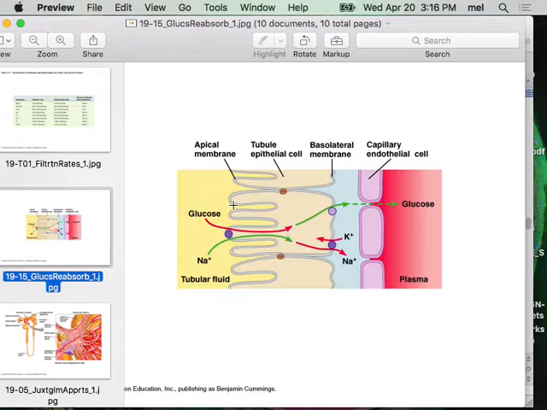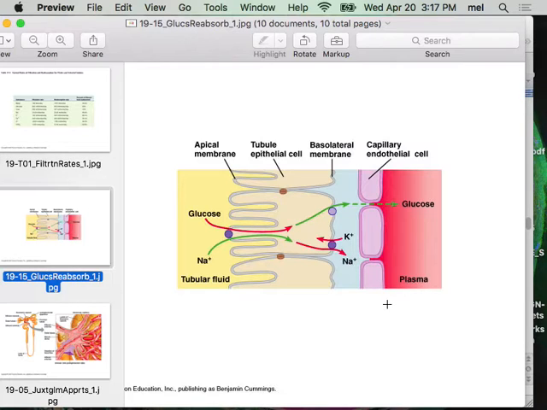So I pushed it out via filtration, and now I need to bring it back. And I'm going to bring it back despite how much is in the bloodstream. Even if I had glucose in the bloodstream, I still want glucose because glucose is like money. So you want glucose back in, and you don't care about the concentration gradient. What transport mechanism are you going to use?